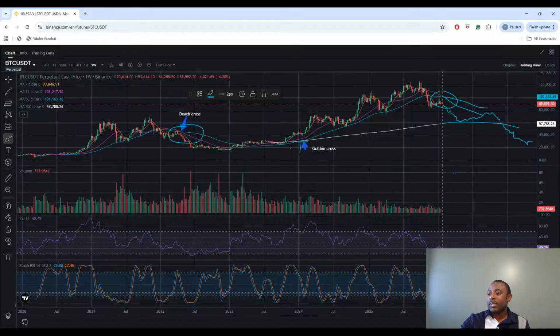Can you help me? When you see that, that's not a good sign too. So there seems to be an agreement between the stochastic, the RSI and the moving averages. When you see an agreement like that, then you can decide on what to do.